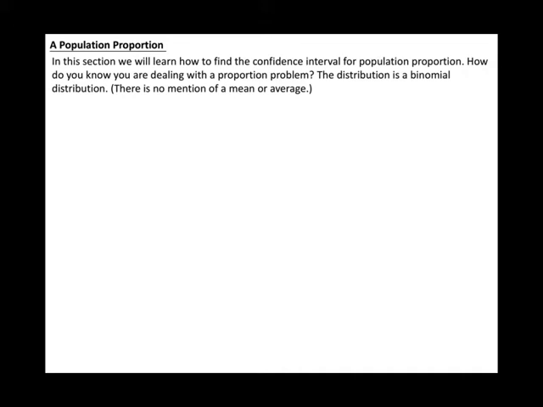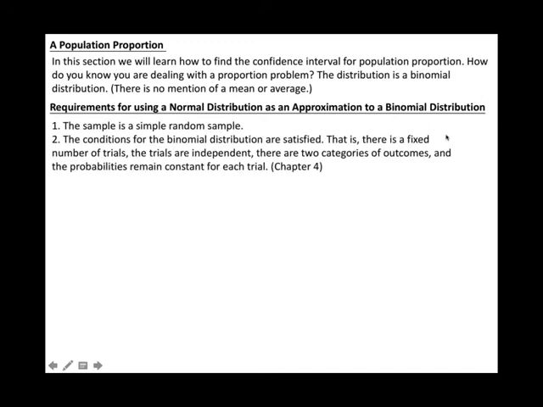First, let's look at the requirements. The requirements for using a normal distribution as an approximation to a binomial distribution. Remember, we learned the binomial distribution in Section 5.2. The requirements are really similar. First, a simple random sample.